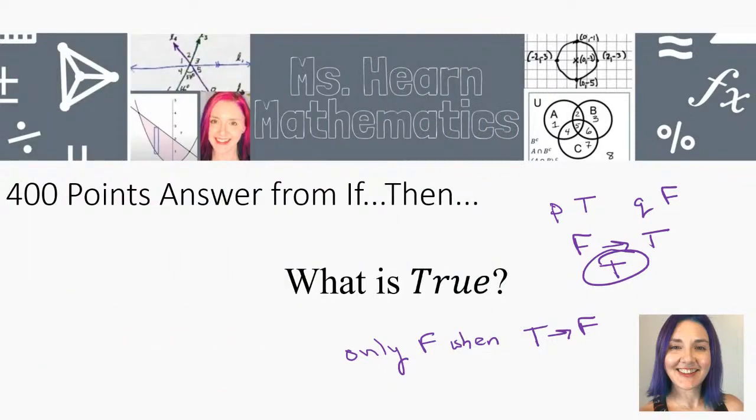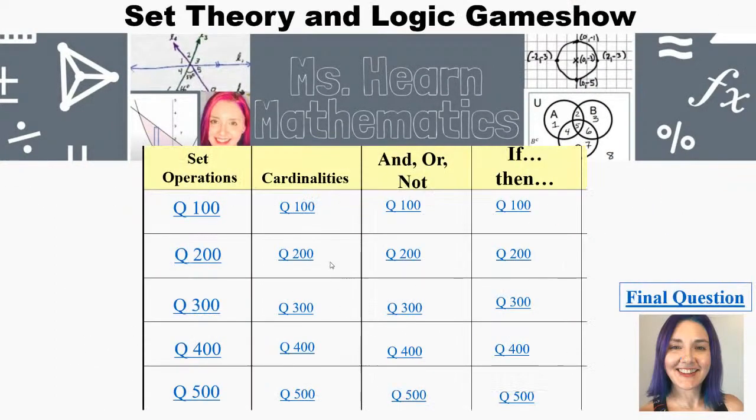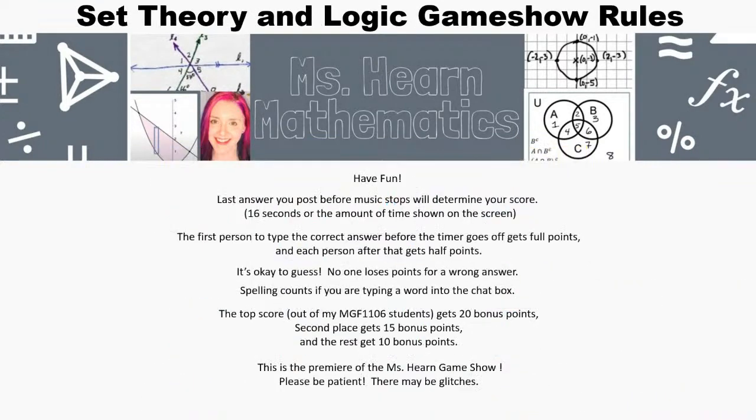I'm going to go back to the beginning of the slideshow here, if it'll let me. And remember that the rules said that the top score gets 20 points, the second place gets 15, and everybody else gets 10 points.